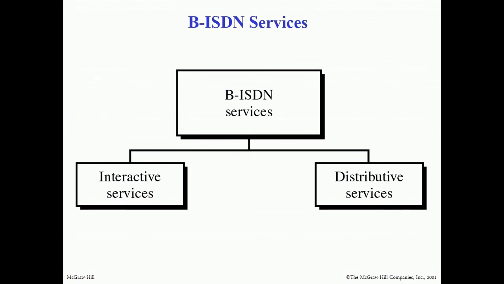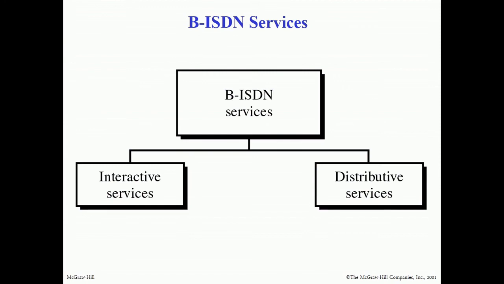What about the distributive services? Distributive services are those in which information, in the form of video, documents or data, can be broadcast to whoever has the resources and rights to receive the broadcast.